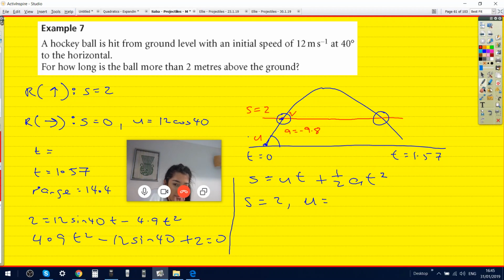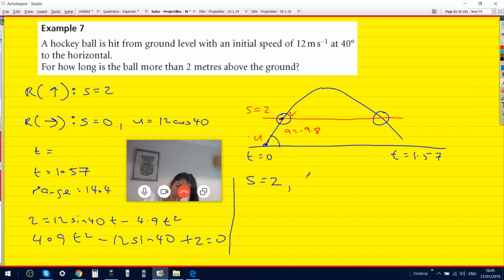Yeah. So if we resolve vertically between those two, S is 2, U is... so we're resolving vertically.